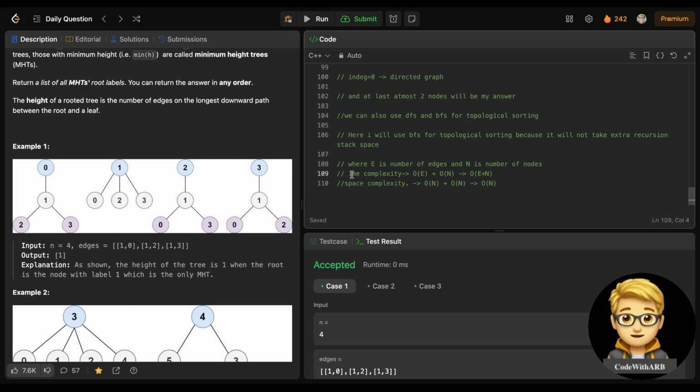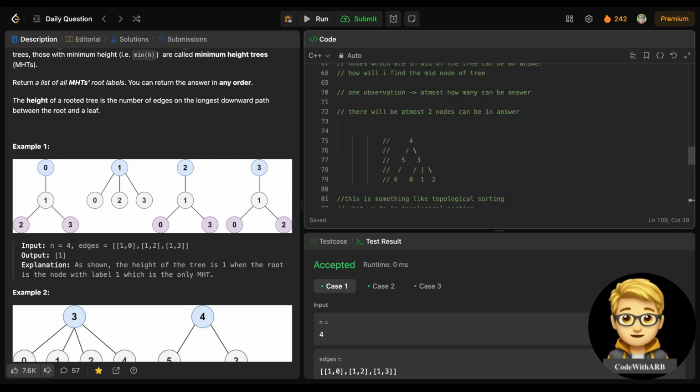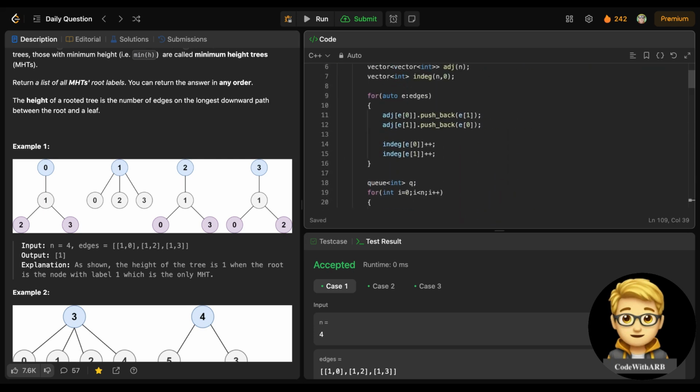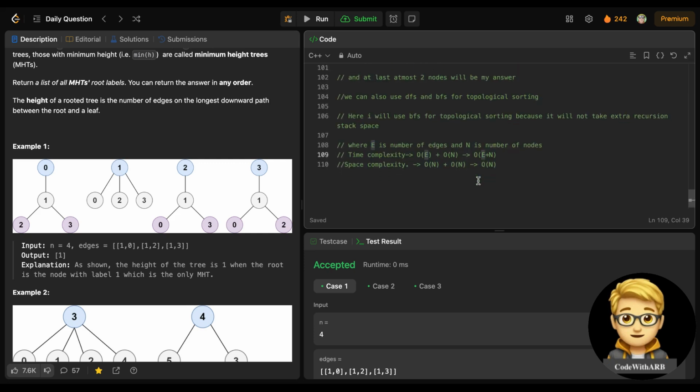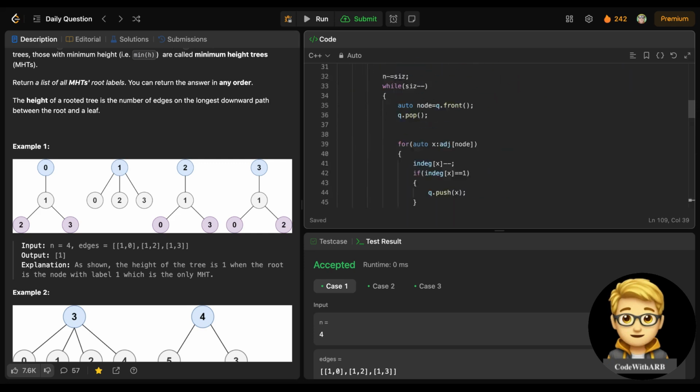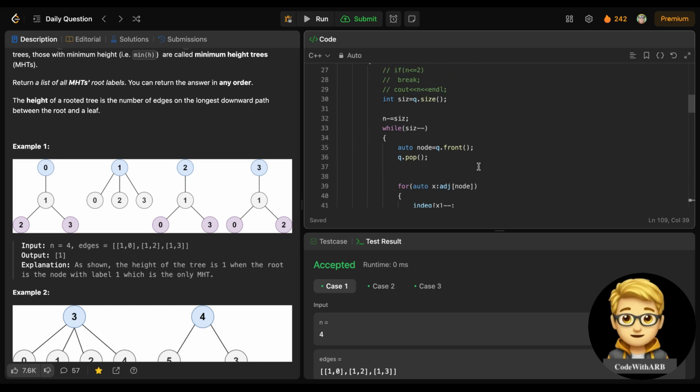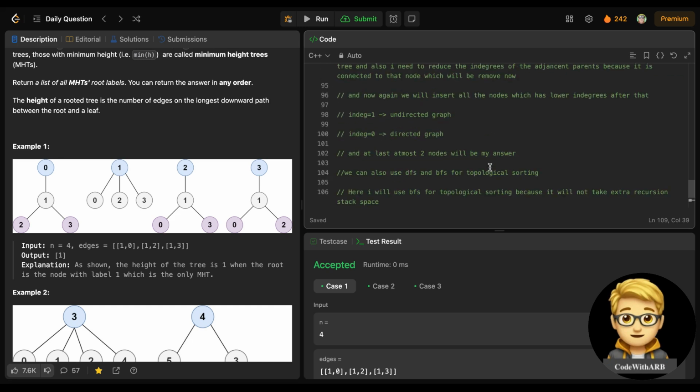If you use a DFS approach, that is a recursion approach, then we would need extra recursion stack space, which would be O of n. So we are not taking that here, since we are using BFS for this. You can also use DFS, but you can think about that later. Yeah, thank you.